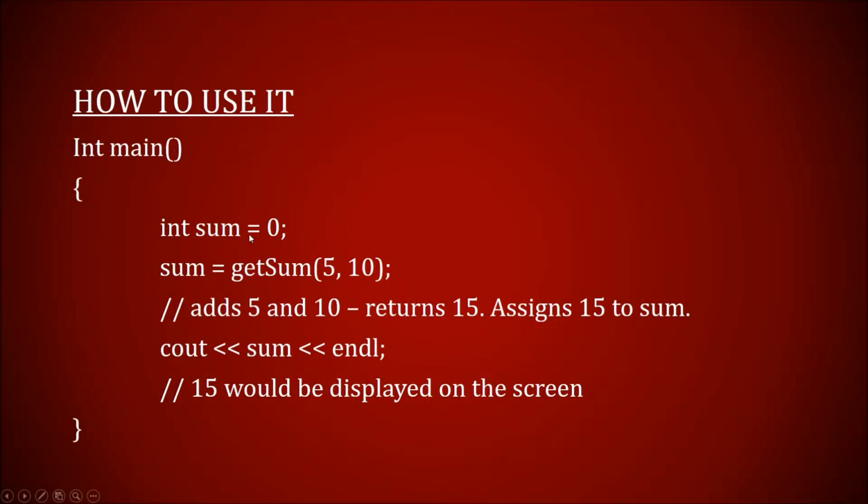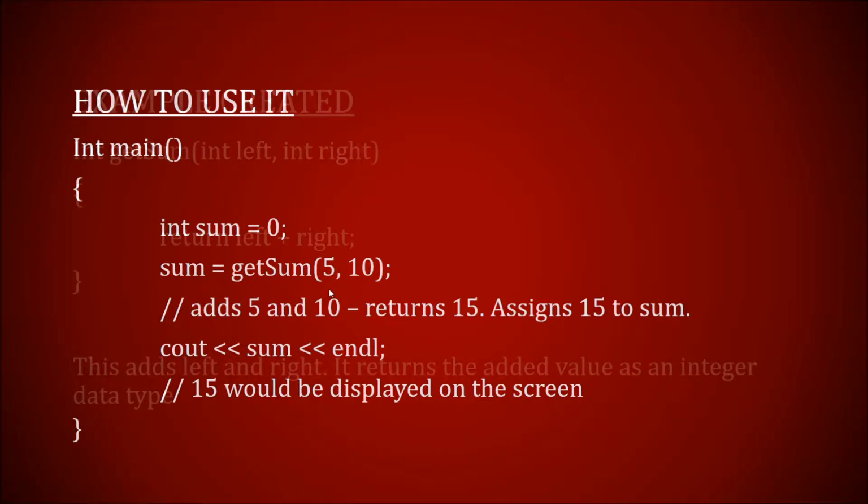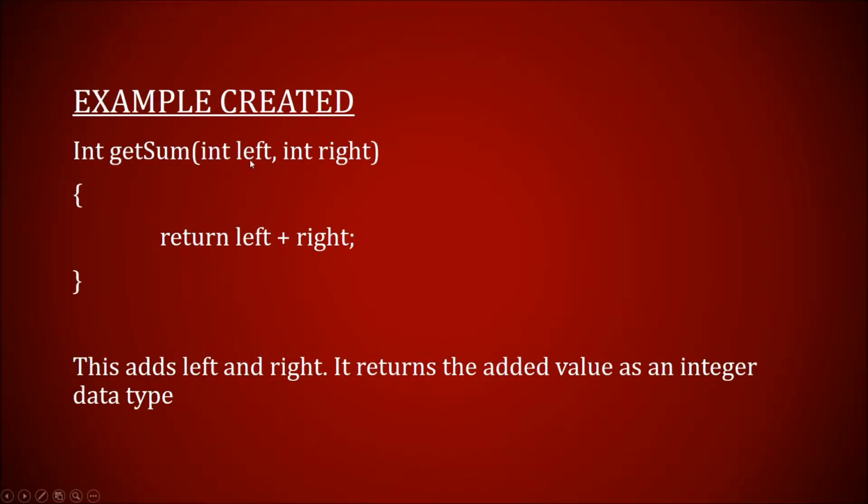Now how do we use these things? Well, let's say we were in main, just like we've been doing before. We just have our main function. We make an integer called sum. We assign it 0 to start with because you always want to initialize variables. And then we say sum equals GetSum of 5, 10. So this 5 is going to be passed into the left variable here.